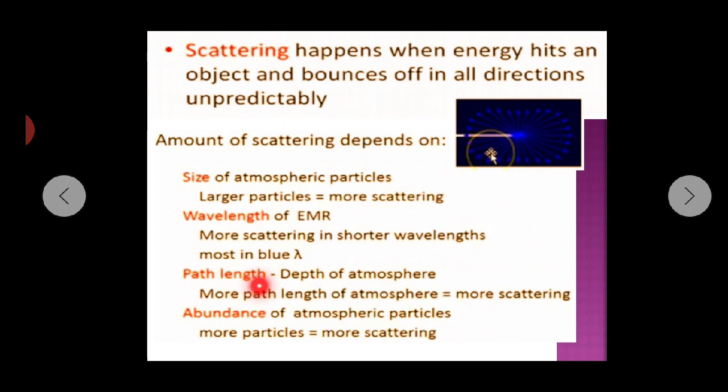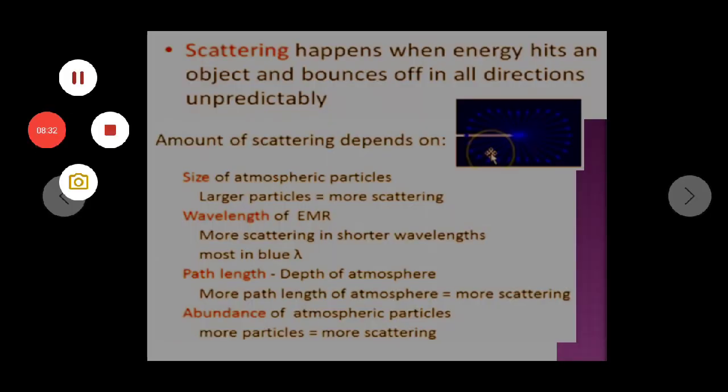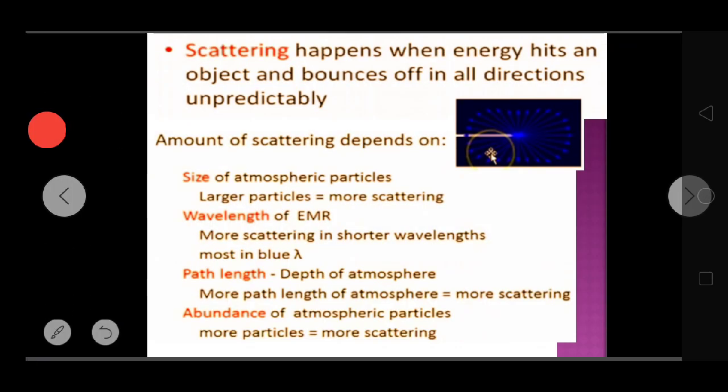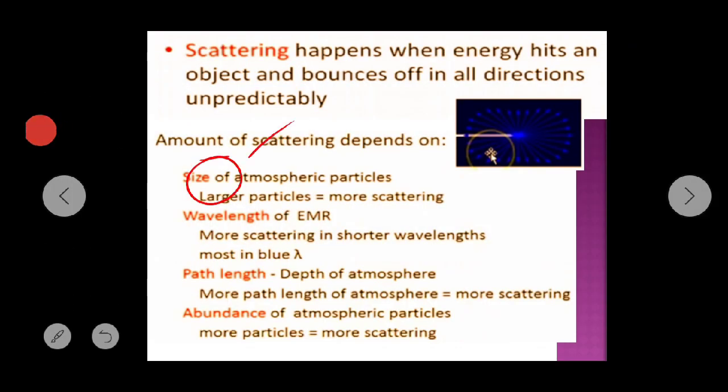Then path length, the depth of the atmosphere. If this is the source, the sun, and this is the earth's surface, the distance traveled is called the path length.